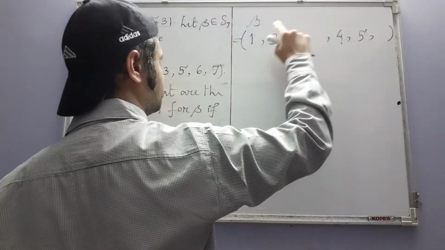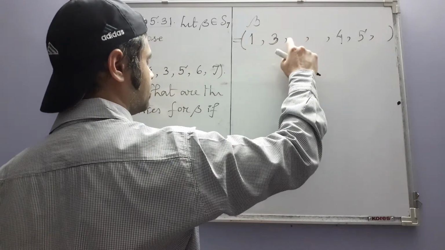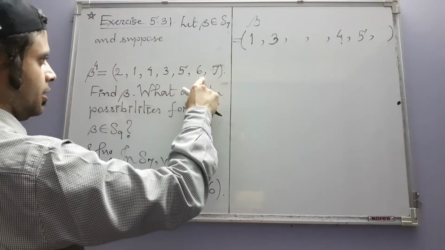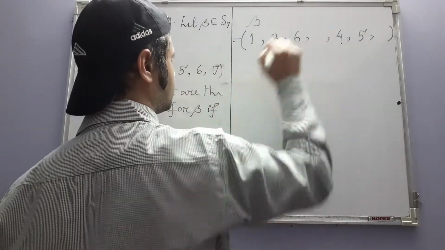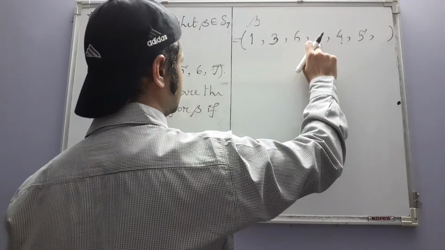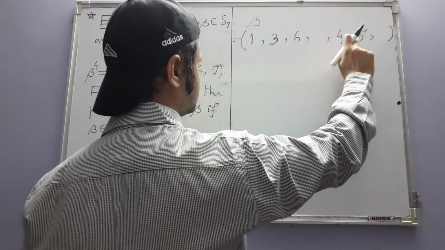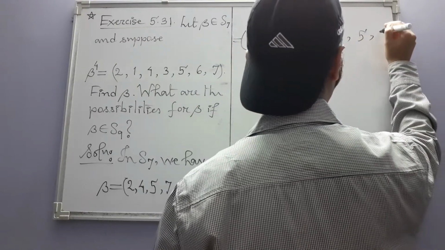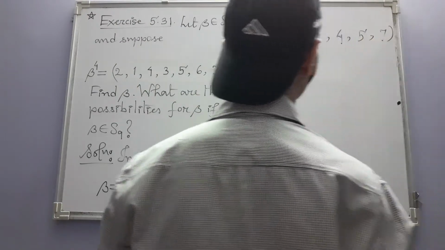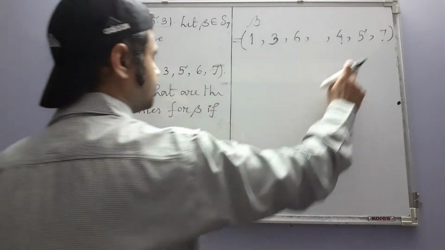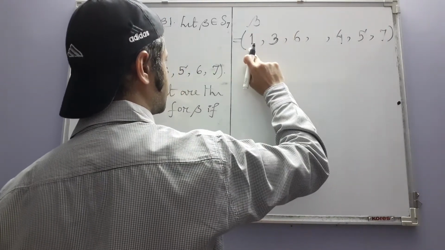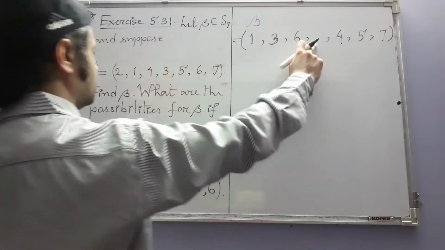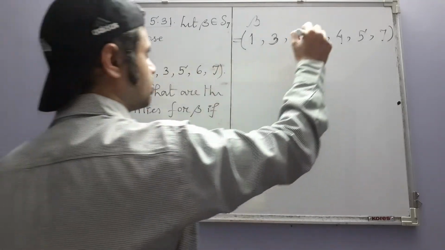Beta of 5, beta square of 5, beta cube of 5, the fourth power of beta evaluated at 5 is 6. Then apply beta once, twice, 3 times, 4 times. That means this is the image of 6 under beta to the power 4. This is 7. And finally, beta of 7, beta square of 7, beta cube of 7, beta to the power 4 of 7 is 2.